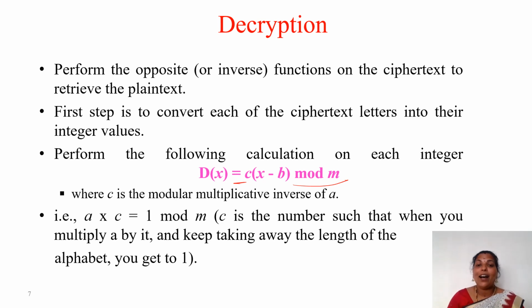So how the receiver performs the decryption operation here is, we need to compute c. What is c? It is the modular multiplicative inverse of a. In this affine cipher we are just guessing the multiplicative inverse, but there are many methods to find it, and here the maximum value is 26 only, so it is very simple to find.